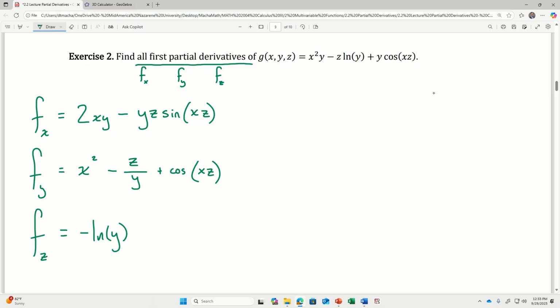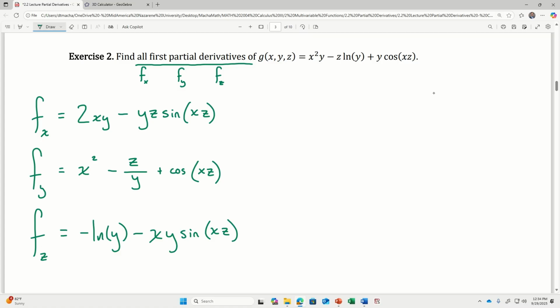Because remember, pretend that the x and the y's are constants. And then derivative of cosine is negative sine, and then the chain rule says you have to throw a little x in front. But yep, that's how you do it. You pretend that the other variables are just constants, and you only take the derivative with respect to the partial you're trying to find. Does that sound good?